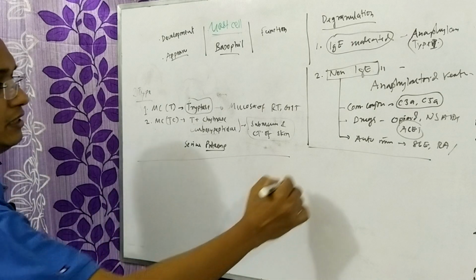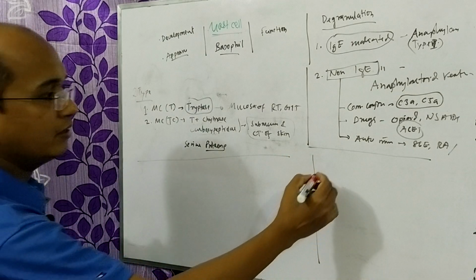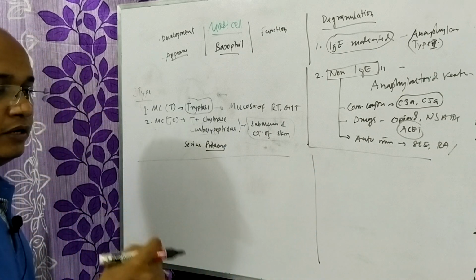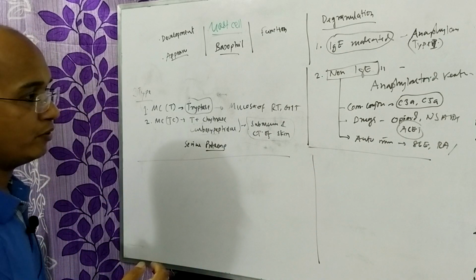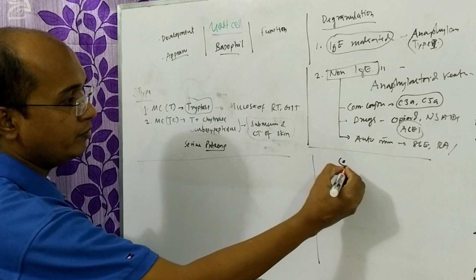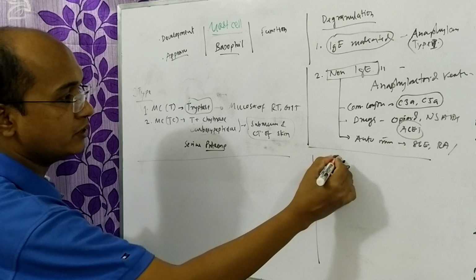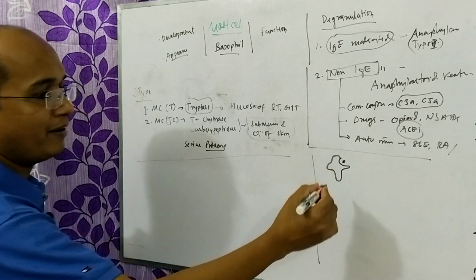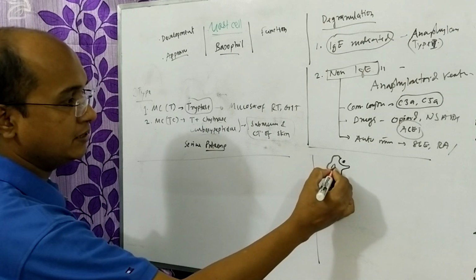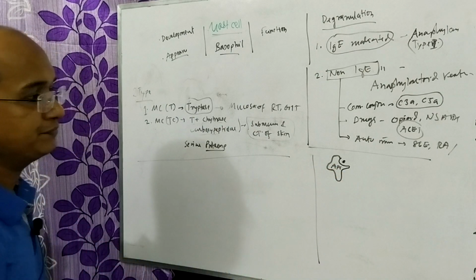IgE mediated mast cell degranulation occurs like this. At first an antigen enters into our body, and that antigen will be engulfed and processed by the dendritic cell or macrophage, that is, the antigen presenting cell.